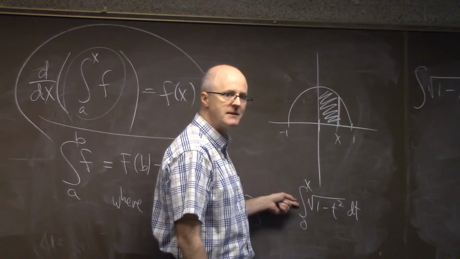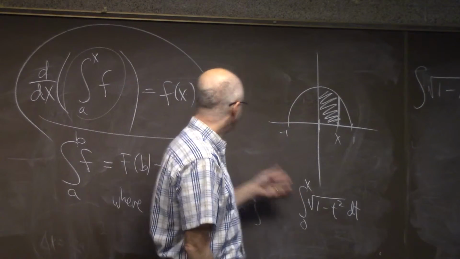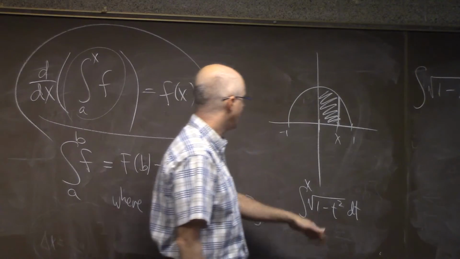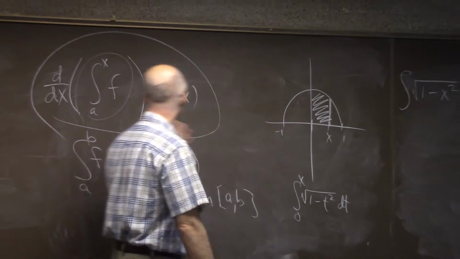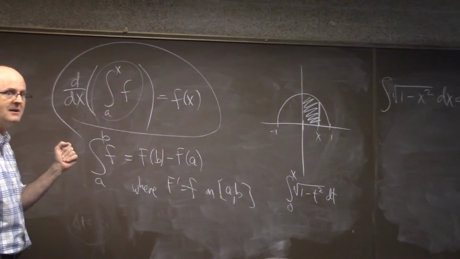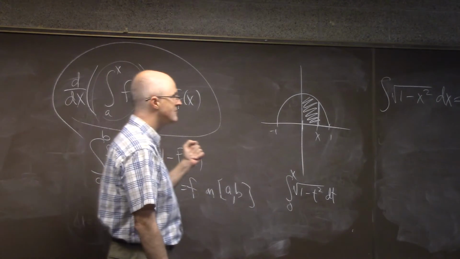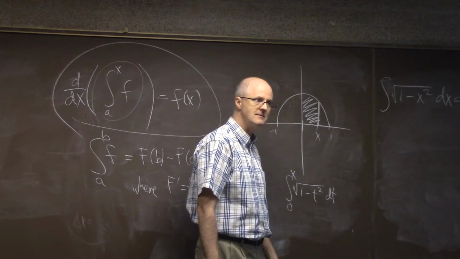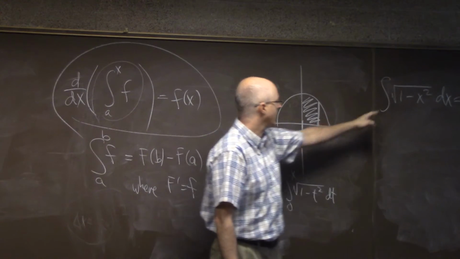That area will equal this integral. And in fact, by this fact that I circled here, this integral should be an antiderivative of square root of 1 minus x squared. Because its derivative, according to this equation, should be the integrand when you plug in x. It should be square root of 1 minus x squared.